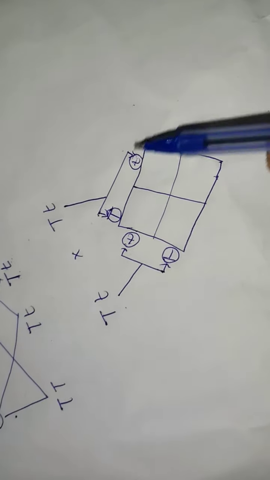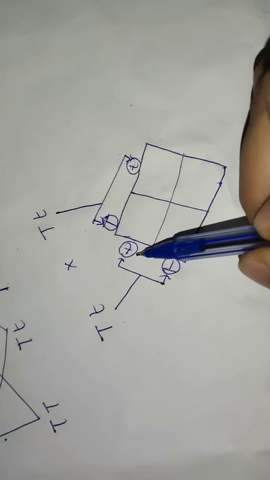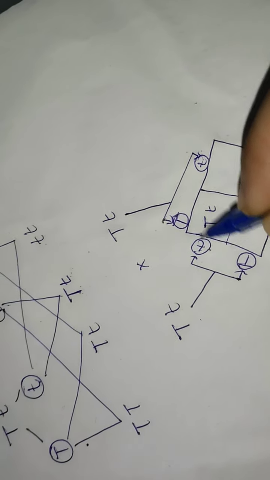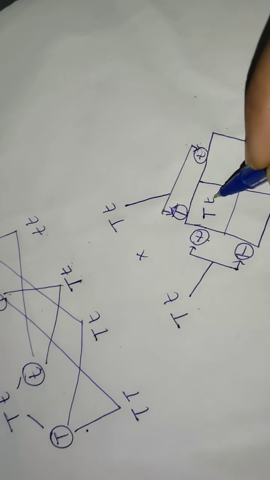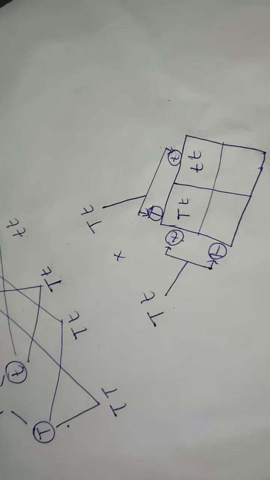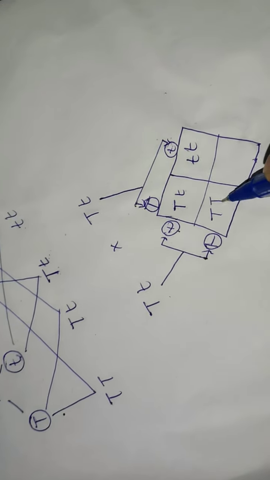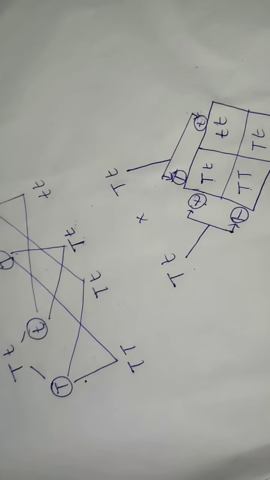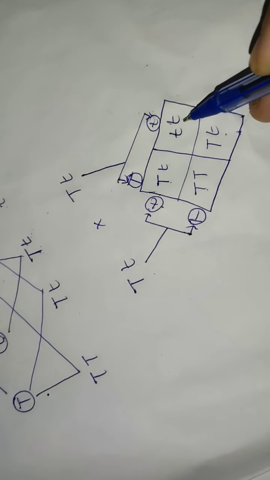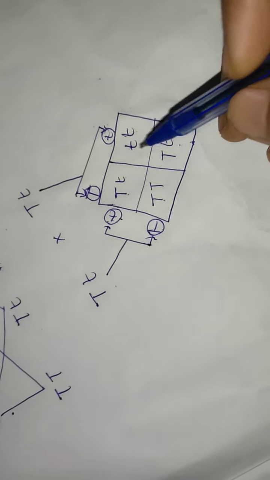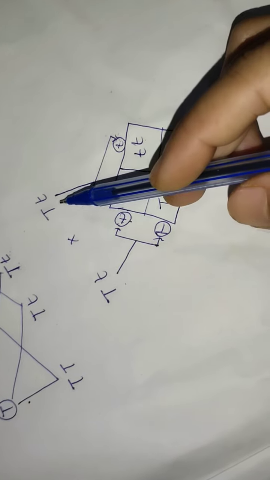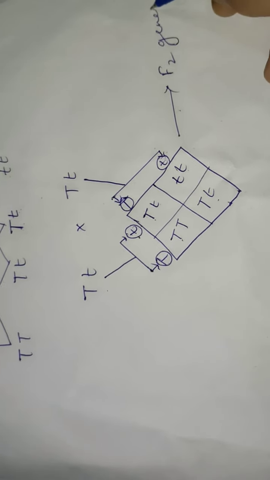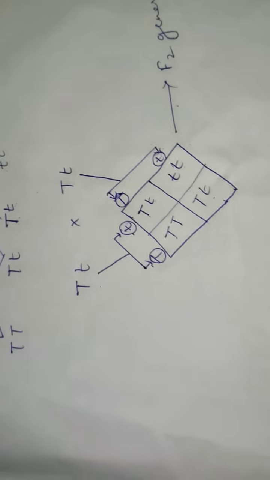So these are the gametes. Now we have to multiply small t with these two, capital T, small t. Since capital T is dominant, we write capital T first, small t after it: small t, small t, capital T, capital T, capital T, small t. So 1 homozygous tall, 2 heterozygous tall, 1 homozygous dwarf offsprings are produced as a result of self breeding of F1 plants. So this is the F2 generation. Okay, is it clear?